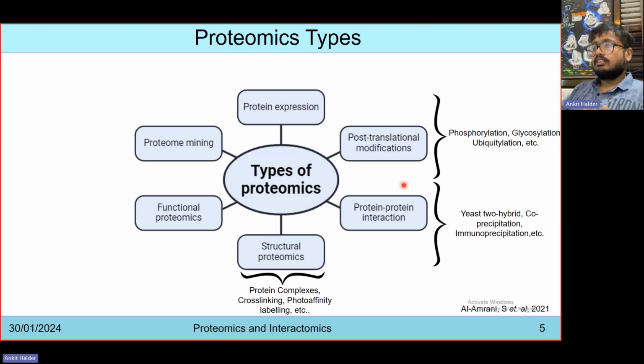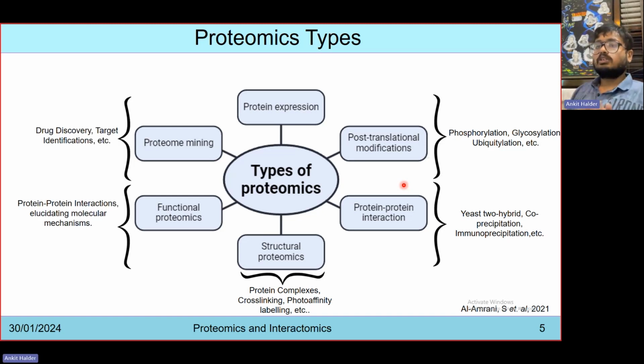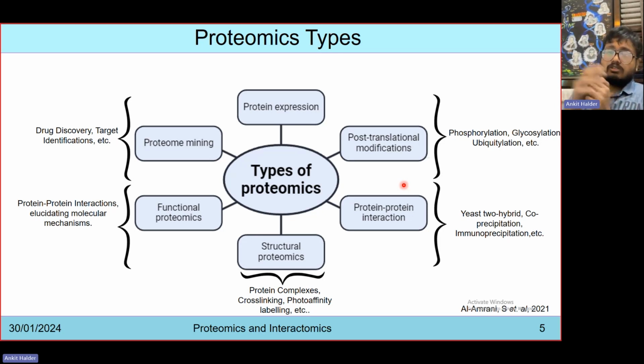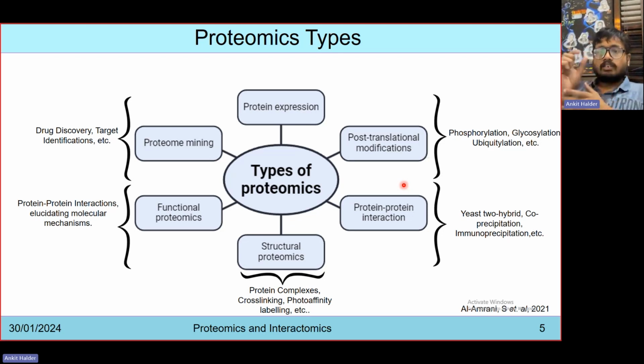Next is proteome mining, which is about identifying your target. If you want to design certain drugs against a particular disease, for that we need target identification. As I mentioned on personalized medicine, we need to know that a particular drug is working against which particular biomolecule.